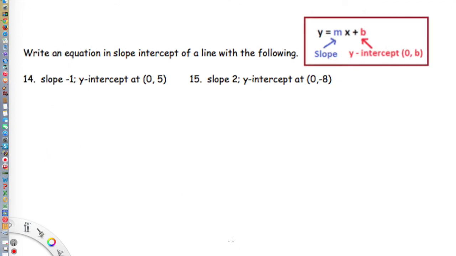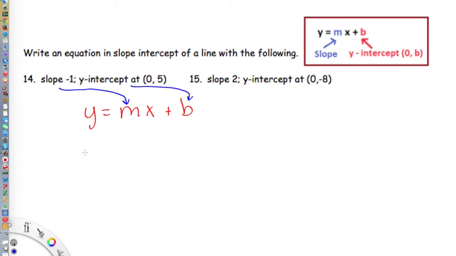The next series of questions asks us to write an equation in slope-intercept form of a line with the following slope and y-intercept. They're basically giving us the missing pieces to the puzzle. We need to use our slope-intercept form, which is y equals mx plus b. m is our slope and our y-intercept is our b.